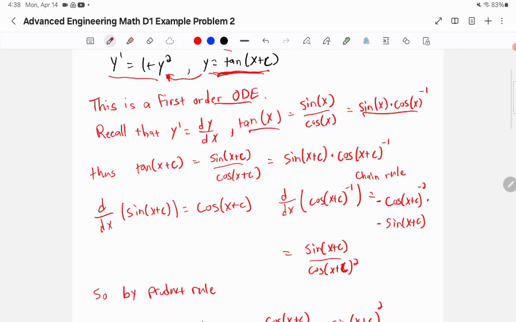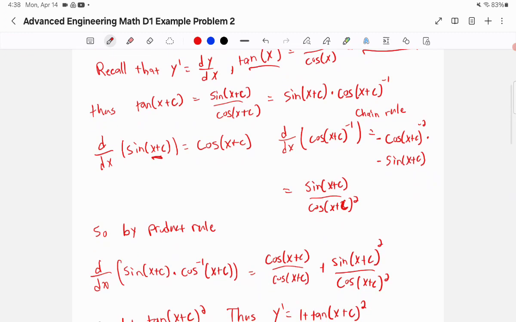And this way I will be able to use the product rule when I take the derivative. So when I take the derivative of that, I can use, again, the product rule, but notice that I have an x plus c in here, so I'm also going to have to use the chain rule. The derivative of sine of x plus c, when c is just a constant, it just shifts x by something.